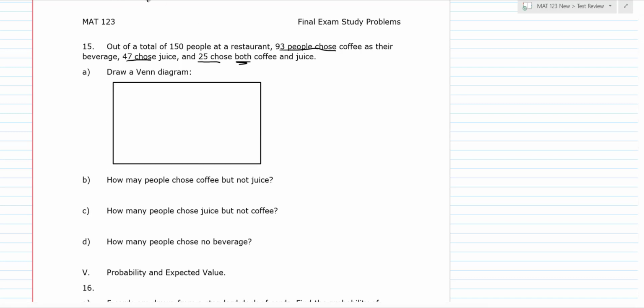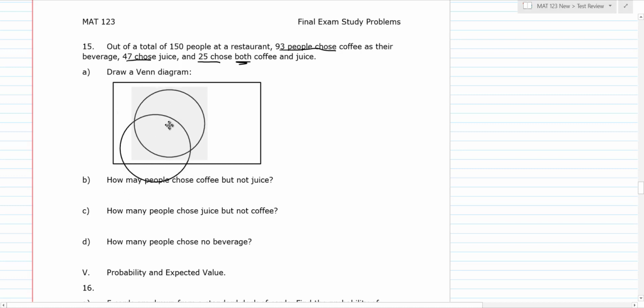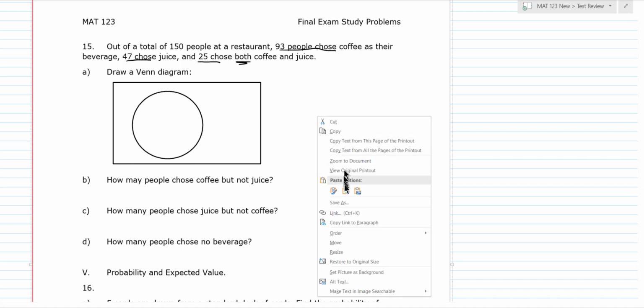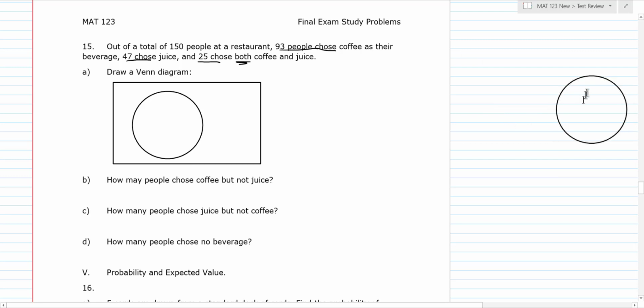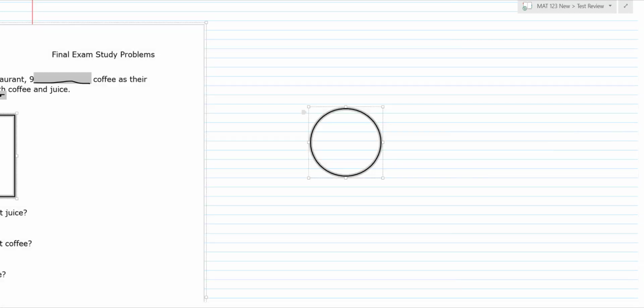So we're going to do 2 intersecting circles and label one of them coffee and one of them juice. I'm going to set these up so that they overlap.